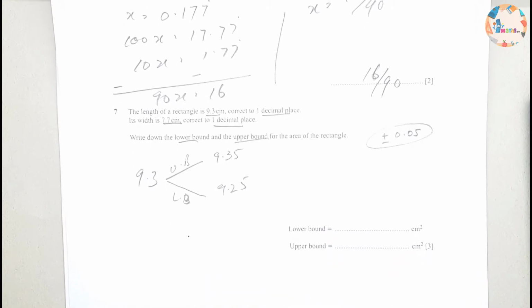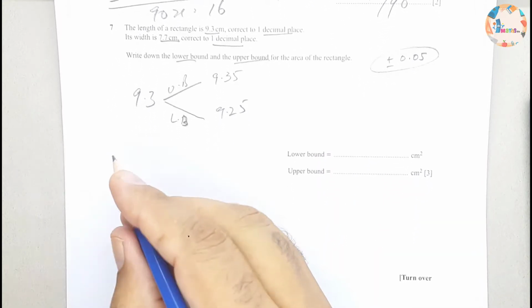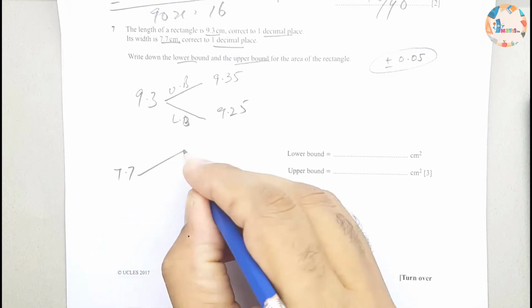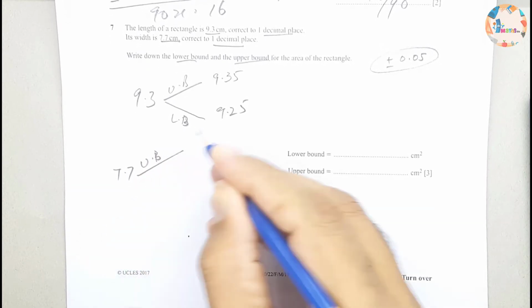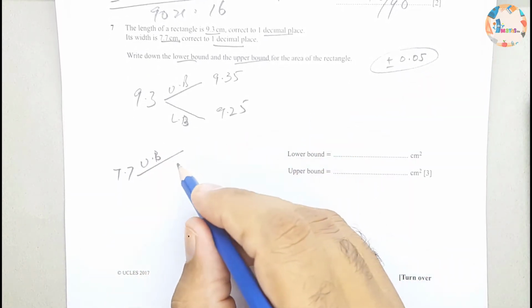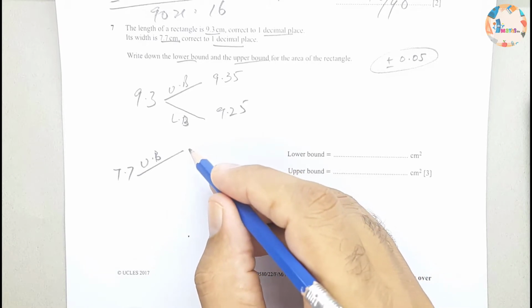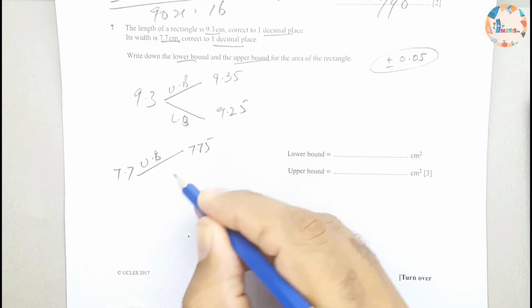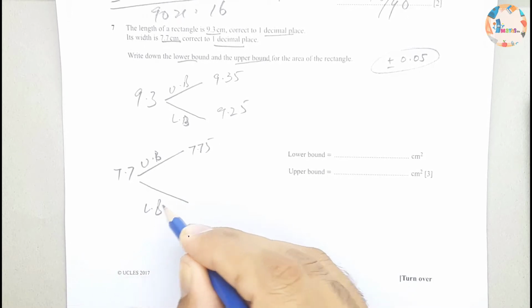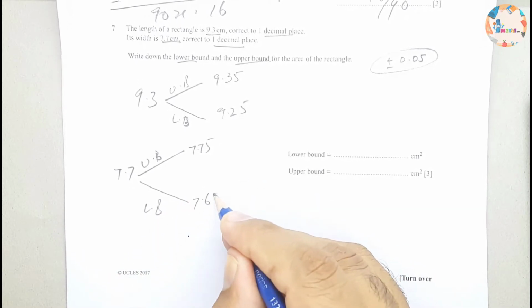Similarly for 7.7, we again plus or minus 0.05. So the upper bound will be 7.75, and the lower bound will be 7.65.